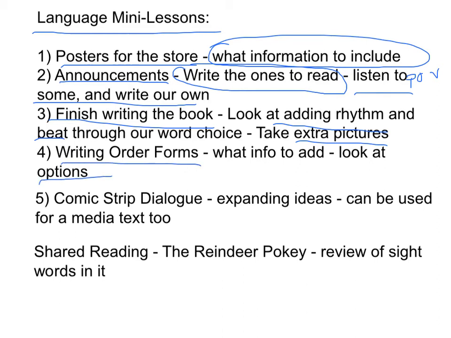So assuming that everything goes according to plan, this may need to get brought up to an earlier mini lesson, to make sure that we have those order forms done before our math on Wednesday. We could actually make them on Wednesday morning, and then I can just photocopy them at lunchtime, because we won't need that many of them, but just to make sure that they are done in advance.